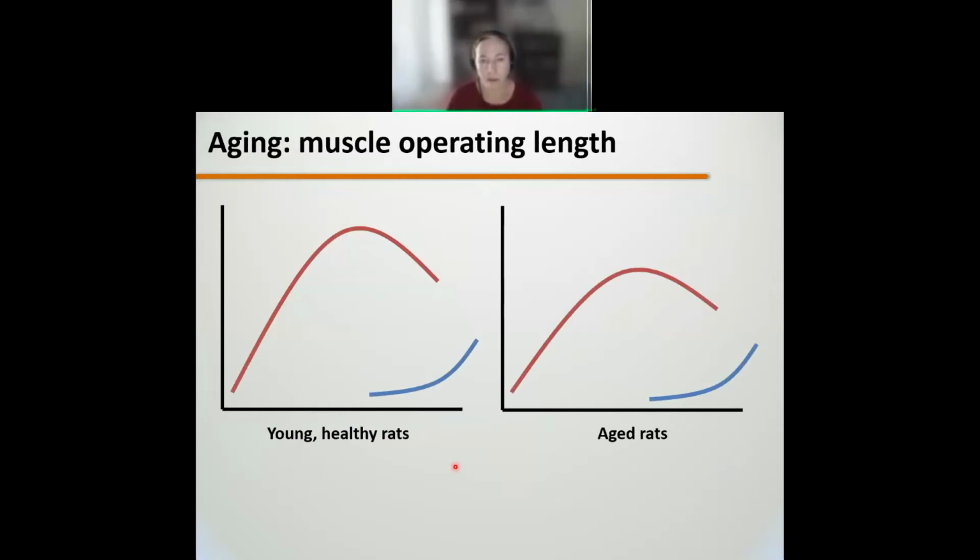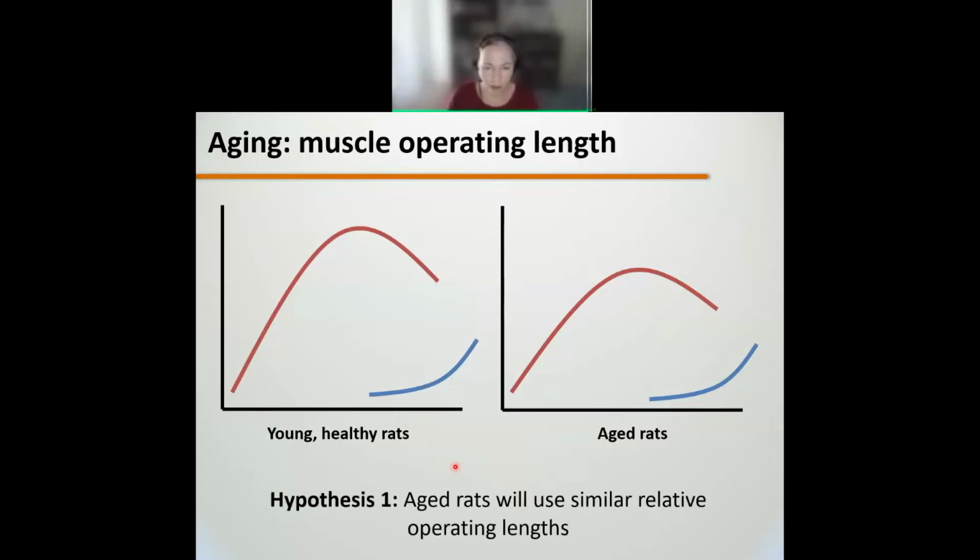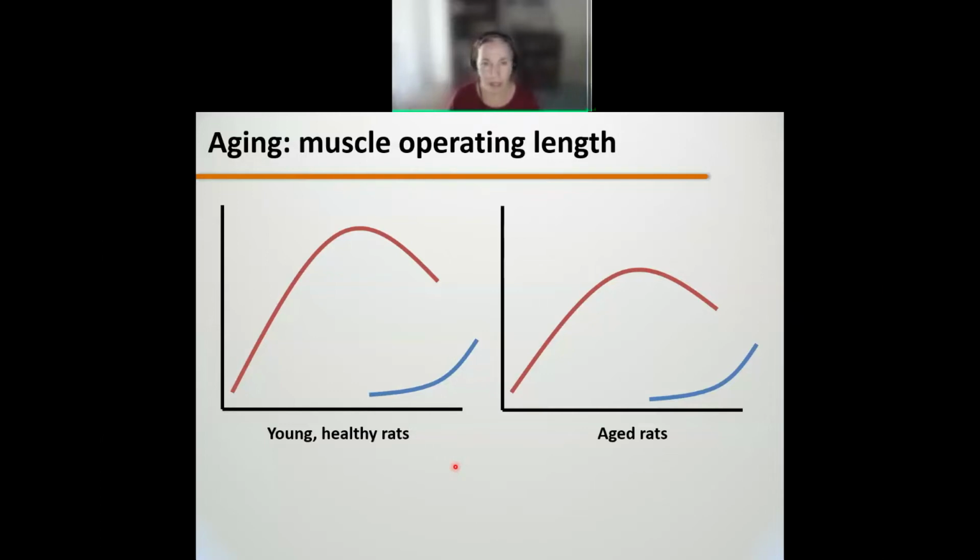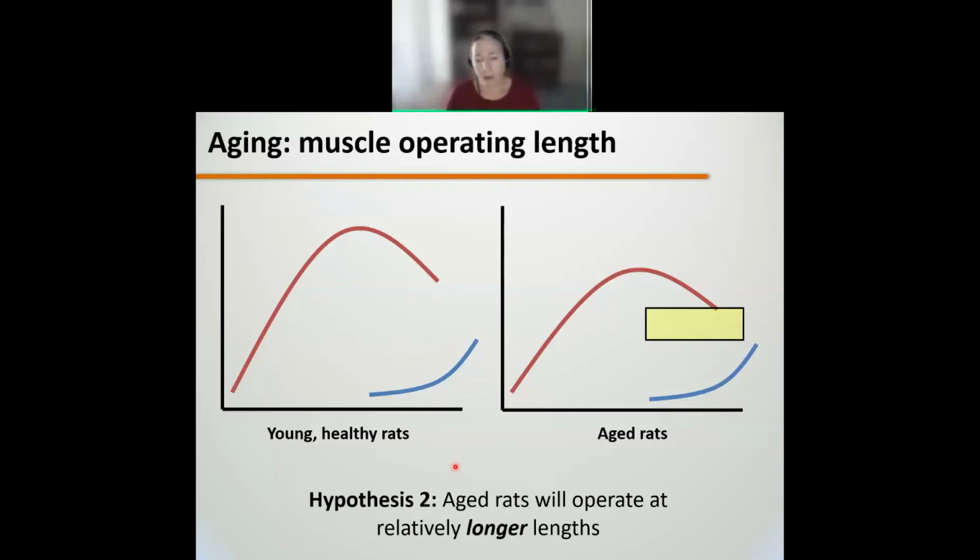So if we have, for example, young and healthy rats versus aged rats, we know that the aged rats should be producing less force, but where will they be operating on that length tension curve? Could be that they're using similar operating lengths, and this has nothing at all to do with the observed differences in vivo force production. Or perhaps they operate at relatively longer lengths.